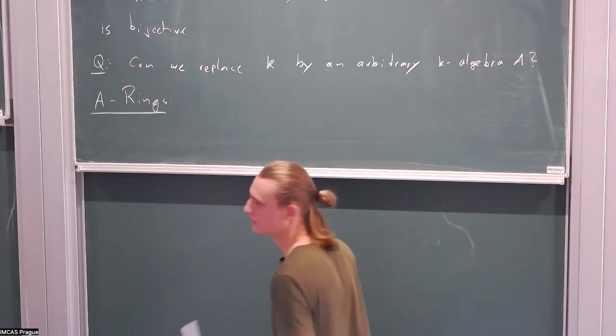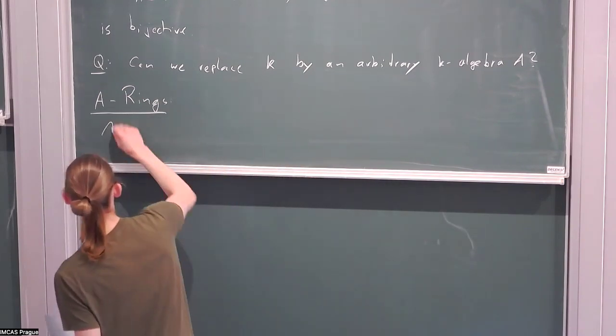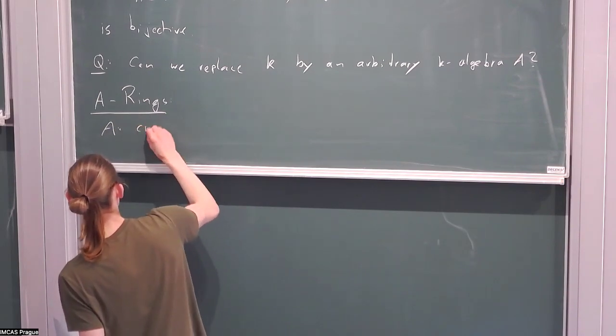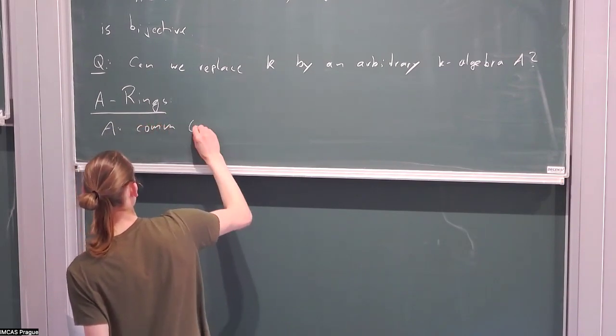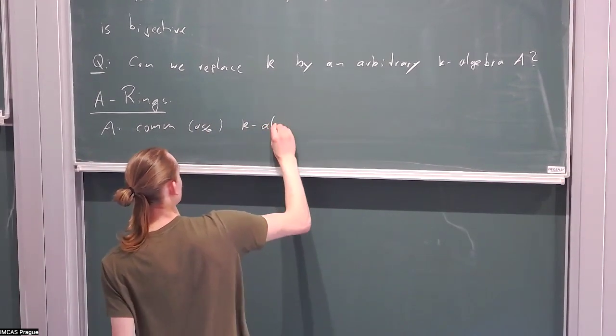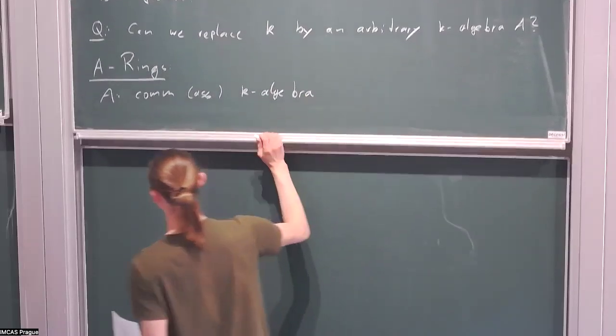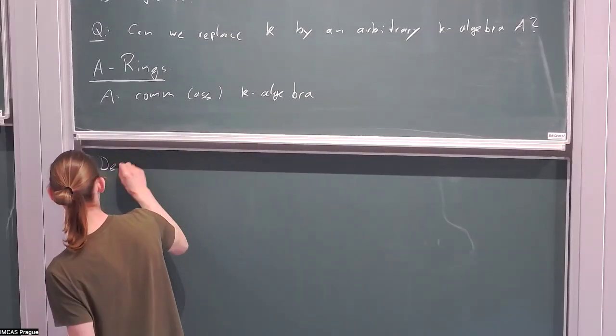So for simplicity in this talk, A will be a commutative and associative K algebra. And then I can define what an A ring is.